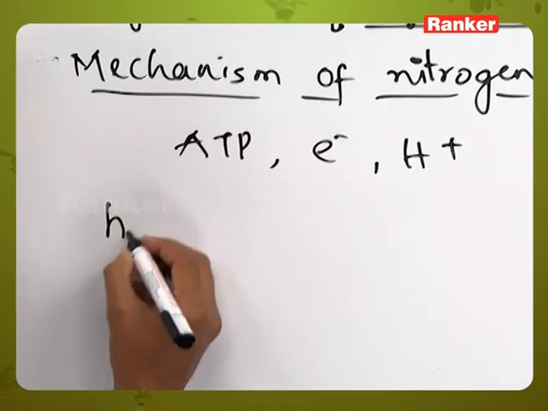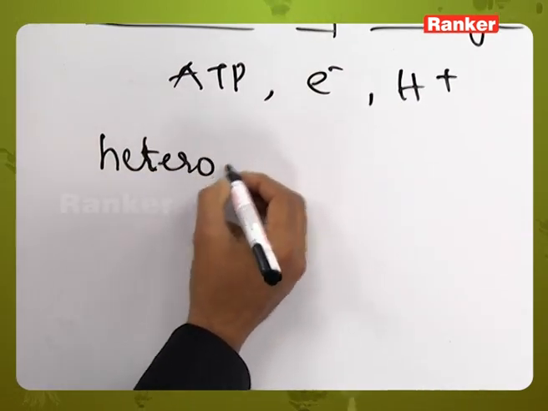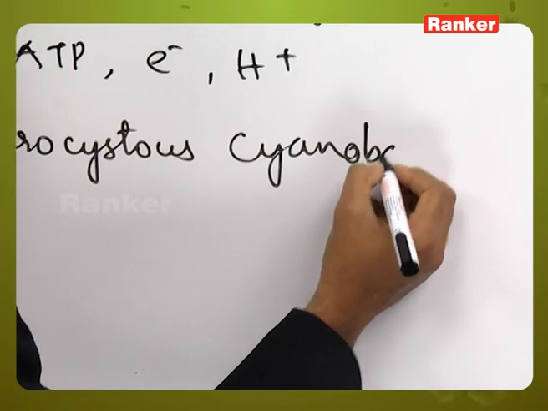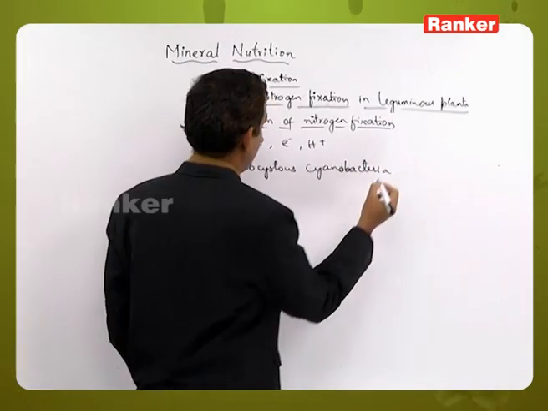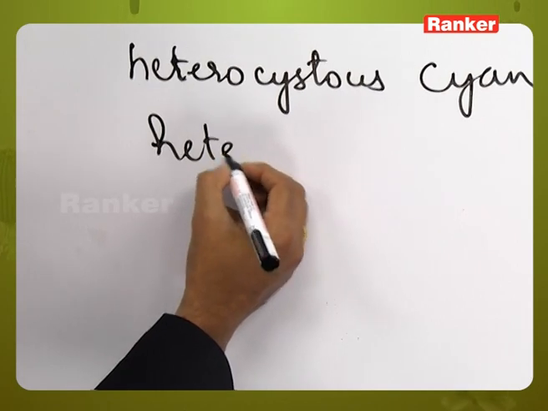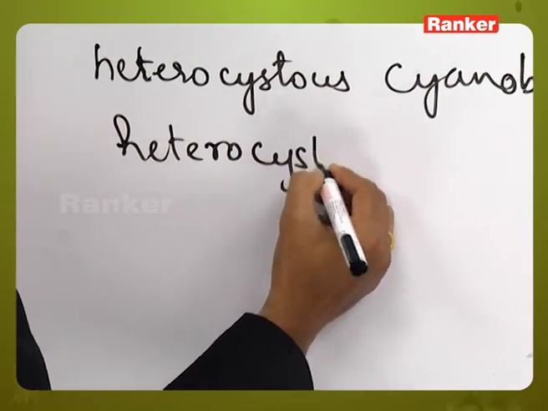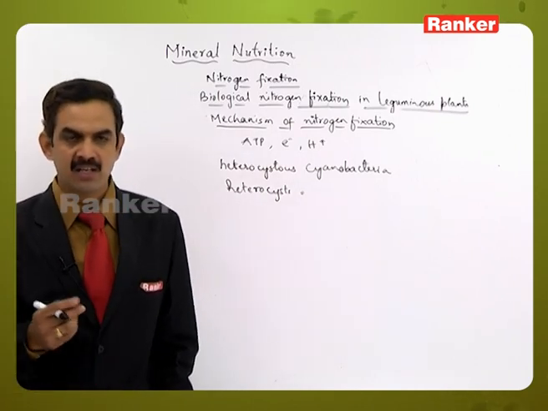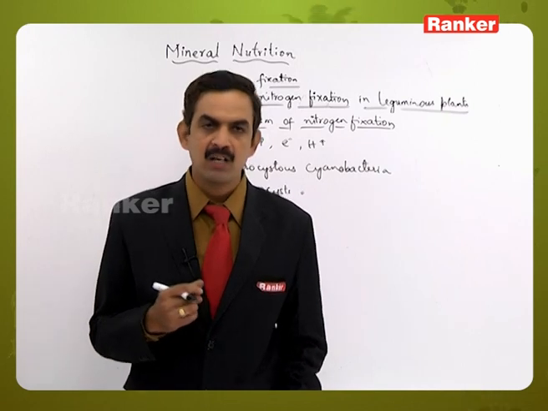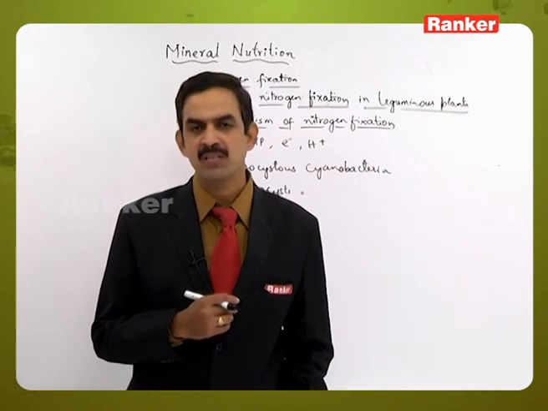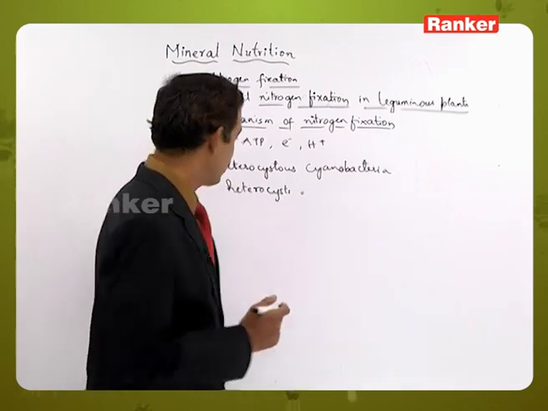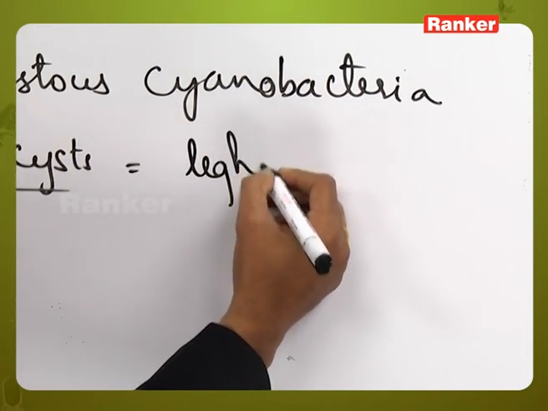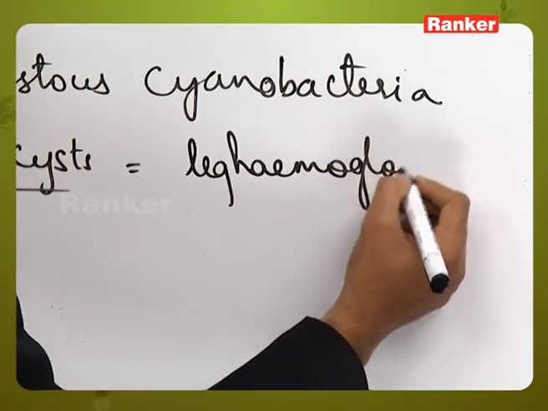Particularly in heterocystous cyanobacteria, they have special cells called heterocysts. These take up the function of leghemoglobin, that is, they act as structures which help in protecting the nitrogenase enzyme from the high concentration of oxygen. So, heterocysts take up the function of leghemoglobin of legume plants.